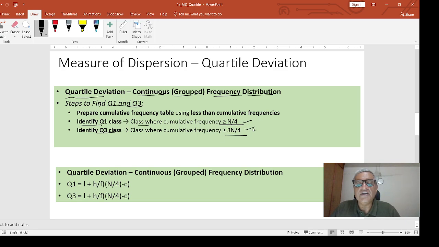Once I have the Q1 and Q3 classes, I can calculate Q1 and Q3 using these formulas: Q1 is equal to L plus H divided by F into (n by 4 minus C), where L is the lower limit of the Q1 class, H is the class interval, F is the frequency, N is the total number of elements, that is sigma F, and C is the cumulative frequency of the previous class. Let us quickly go through the example and it will be pretty clear from that.